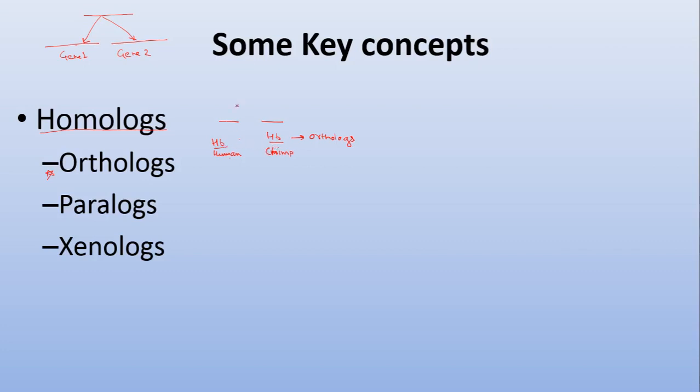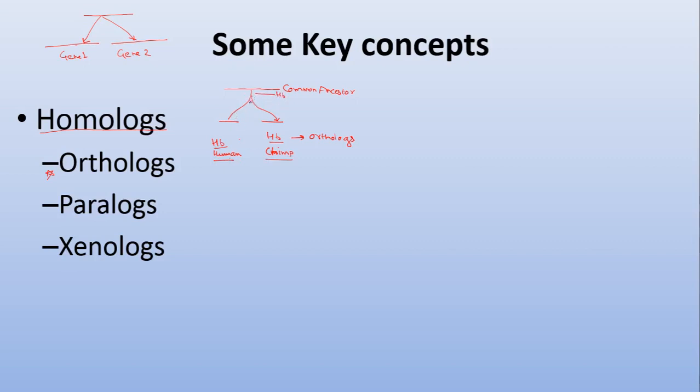Such orthologs are the product of genetic events, or you can say evolutionary events like speciation. Say a long time ago, we had a common ancestor of humans and chimpanzees, and this common ancestor also had the hemoglobin gene.